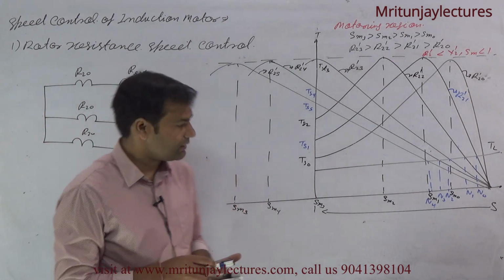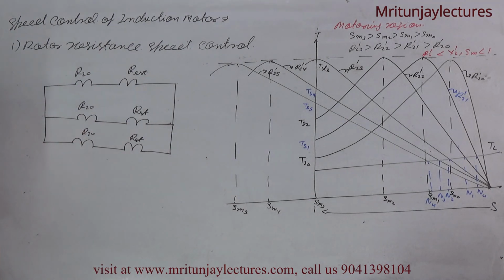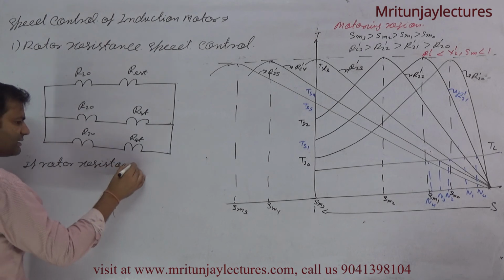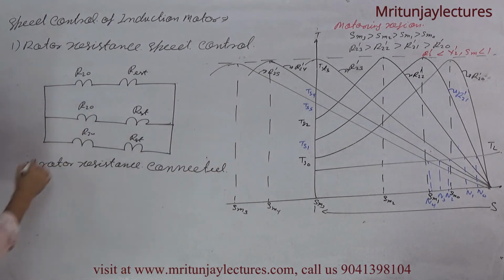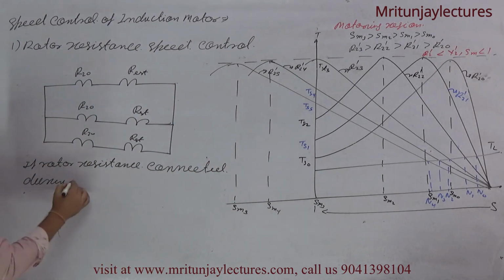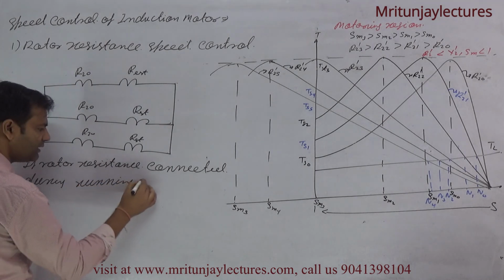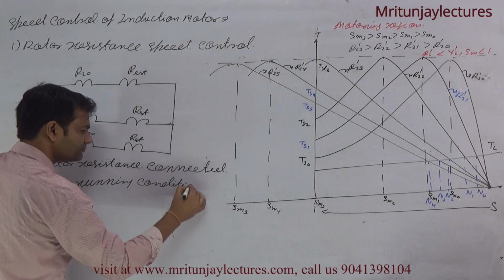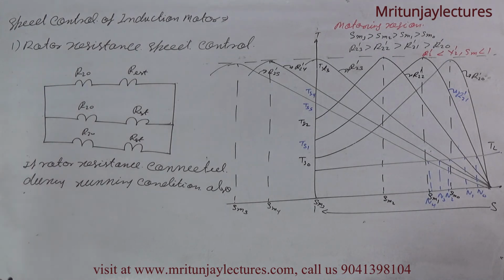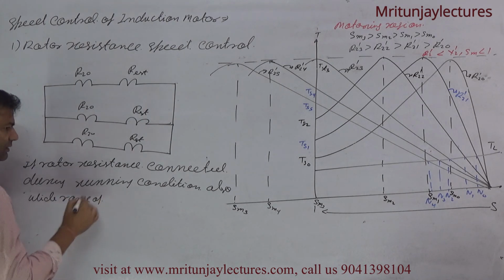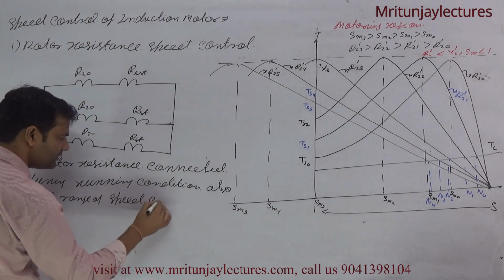If external resistance is added, or rotor resistance is connected during running condition also, then we get a wide range of speed control.